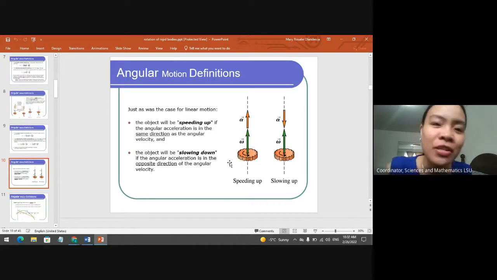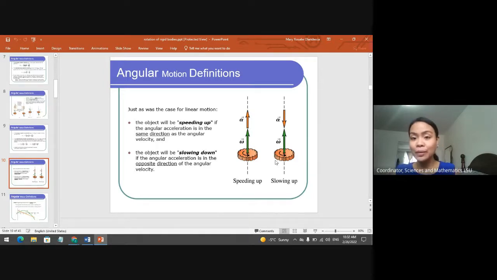Just as in the case of linear motion, the object will be speeding up if the angular acceleration is in the same direction as the angular velocity, but it will slow down if the angular acceleration is in the opposite direction to the angular velocity.